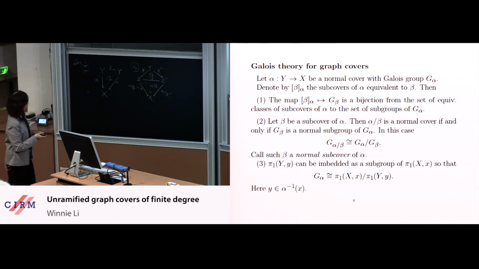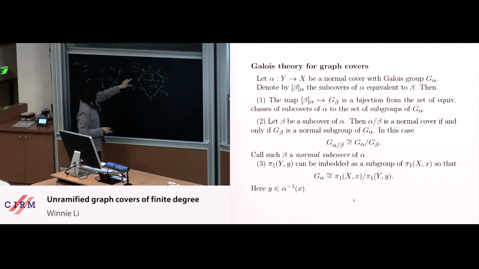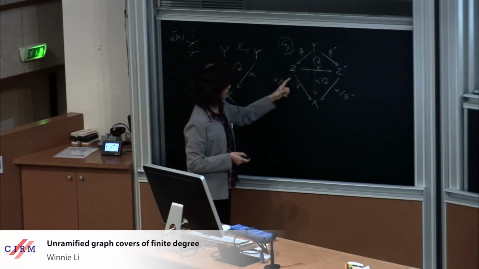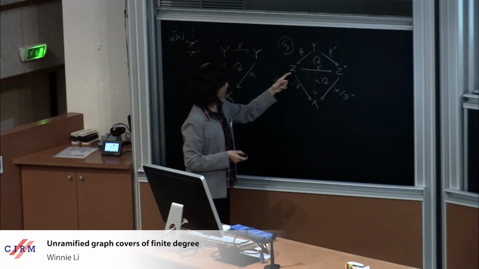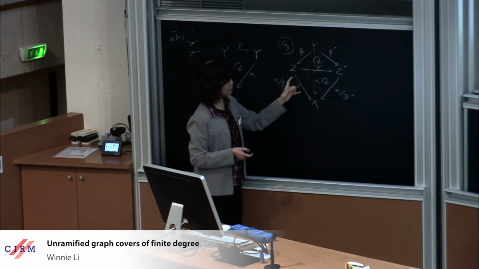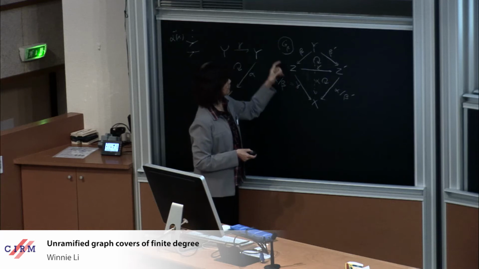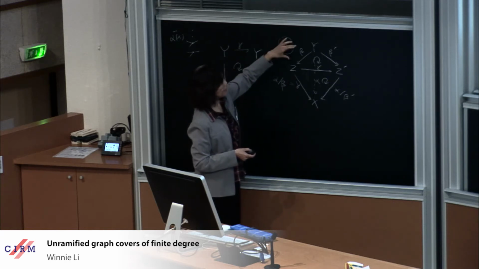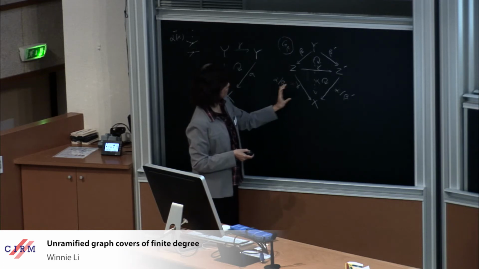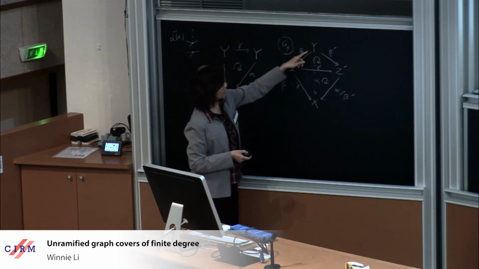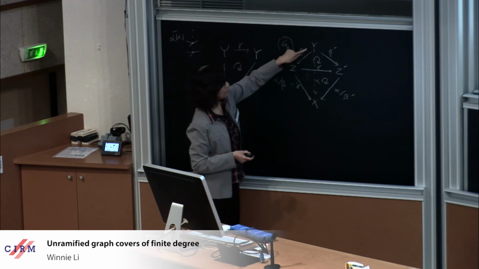And also, when I look at the down part from Z to X, this quotient map from Z to X is a normal cover if and only if this group G beta is a normal subgroup. In that case, the Galois group of alpha over beta is G alpha over G beta.